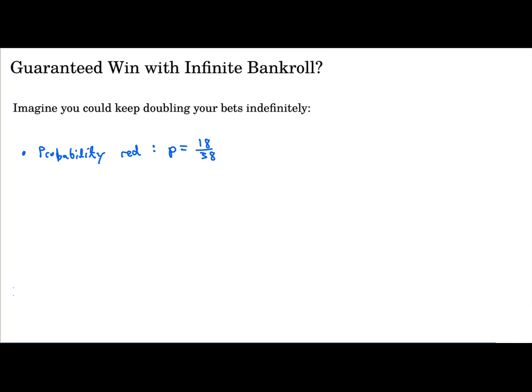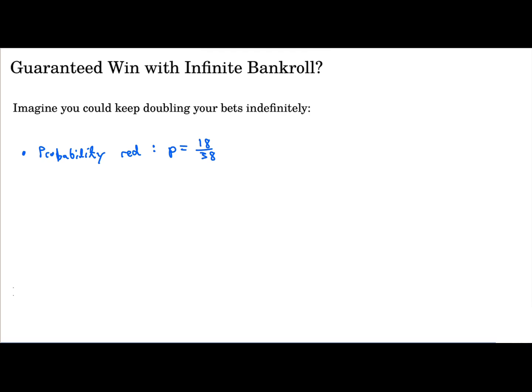There are 18 numbers that are red. Remember that the numbers go from 1 to 36. Half of them are red, half of them are black. And then there are two special symbols, the 0 and the 00, which are green. That's why there are 38 options and 18 of them are red. So this is the probability that you get a red.